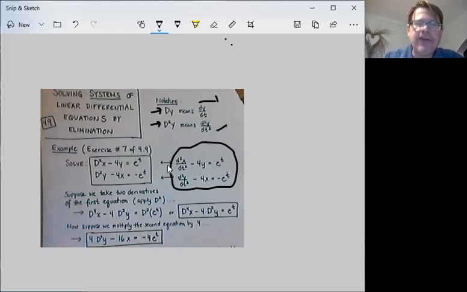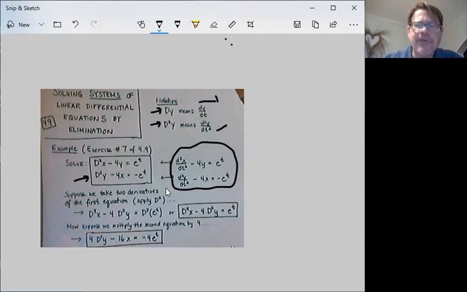With that notation, the first equation becomes D squared x minus 4y equals e to the t, and the second equation becomes D squared y minus 4x equals minus e to the t. And so those are our two equations with two unknown functions, and we want to find out what those functions are.